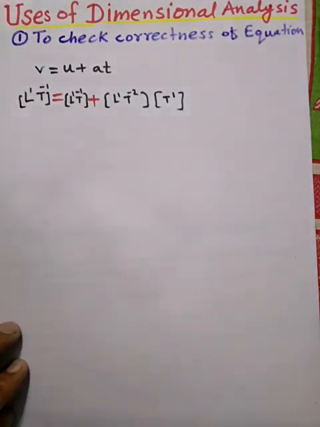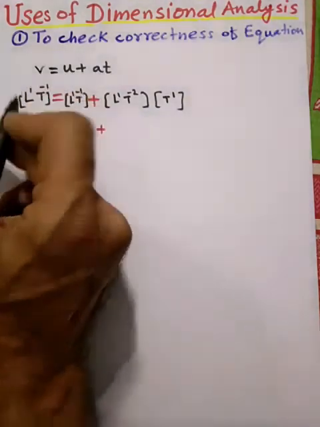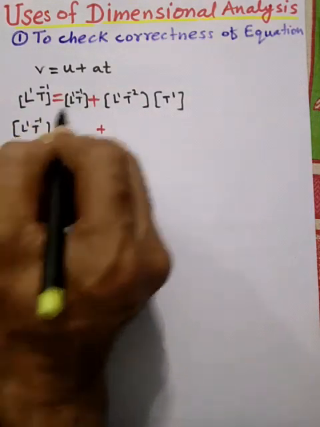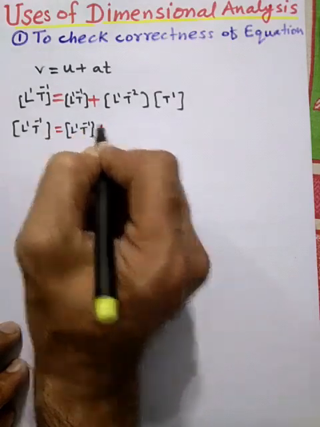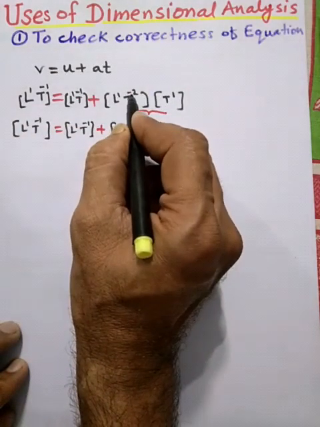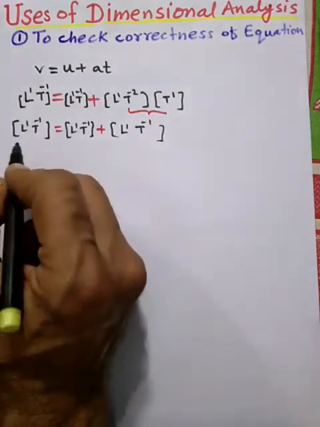This term is L1 T minus 1 as it is, and the other term L1 T minus 1 as it is. Combining the dimensions of these two, L1 as it is, T minus 2 and T plus 1 becomes T minus 1.